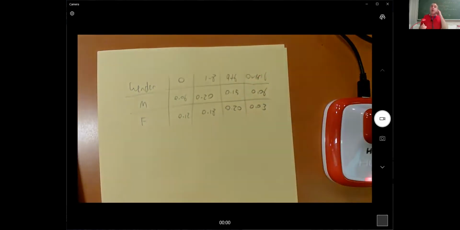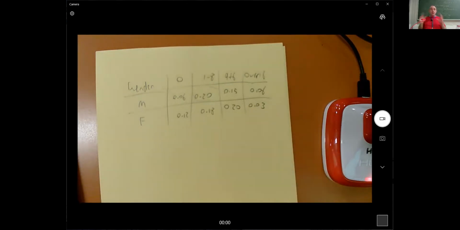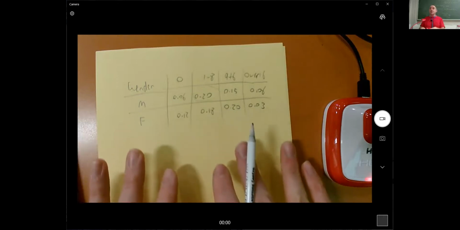And presumably they all add up to 100%, we hope, because that would be important. Okay, so just guessing, in our collection of students, 20% of all the students are both male and work for 1 to 8 hours a week. That's what this table is telling me.